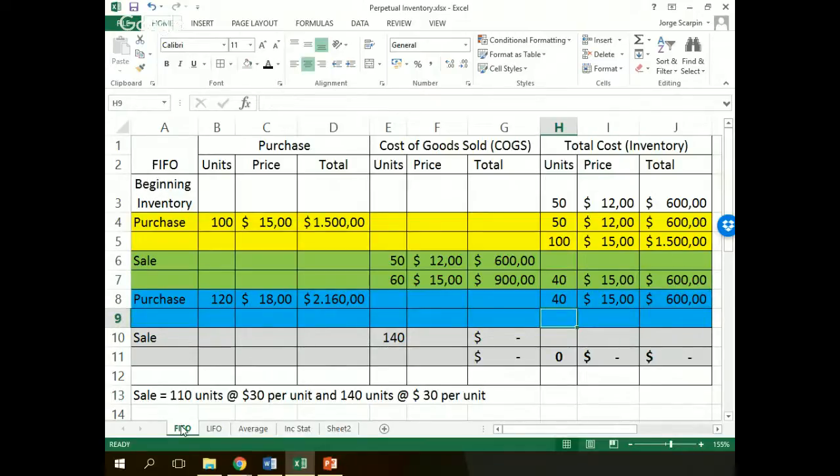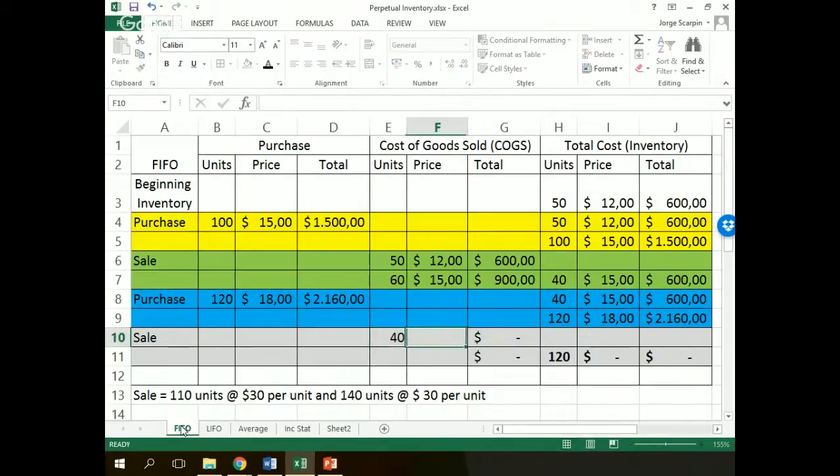Second purchase, the same as the first one. Our beginning inventory plus our second purchase. And our second sale, 140, but we do not have 140 on our first purchase.